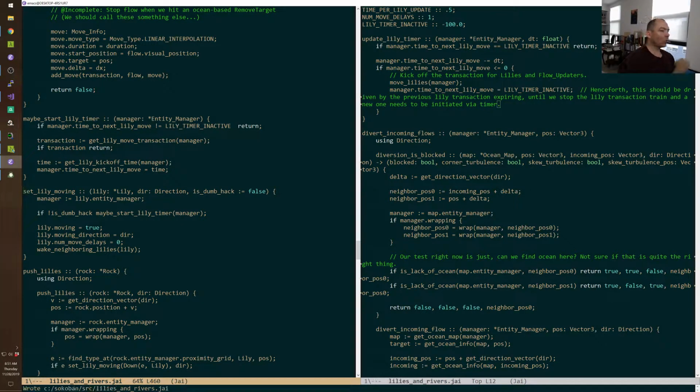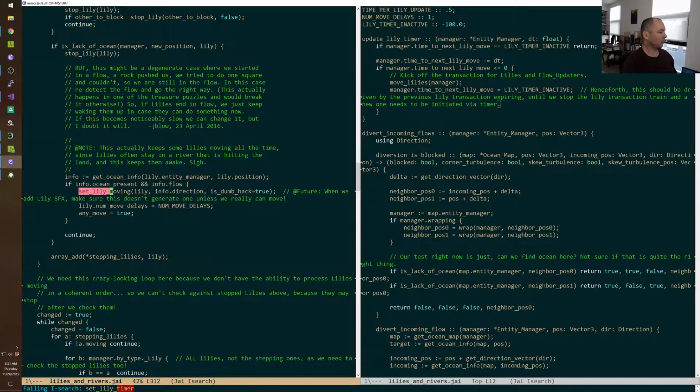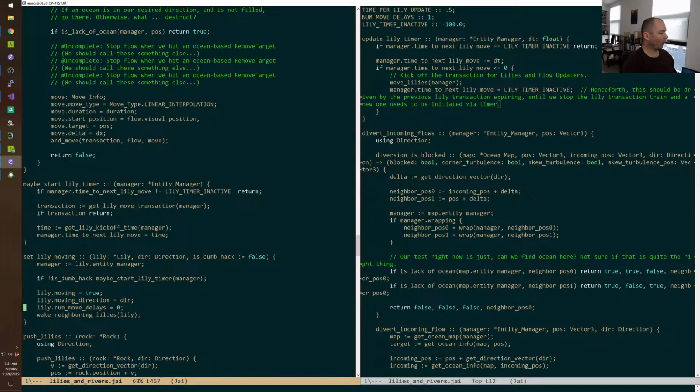Okay, so when we do set move lilying, we have this maybe start lily timer, right?